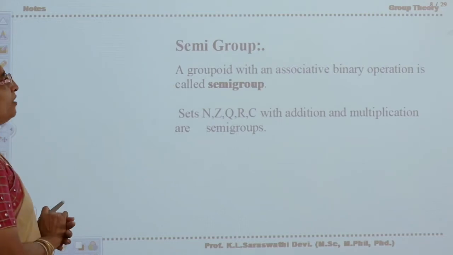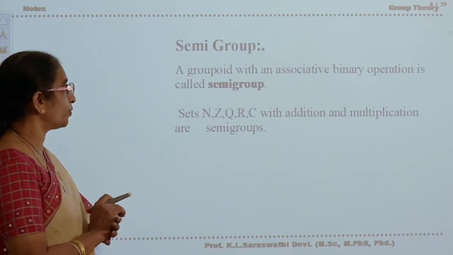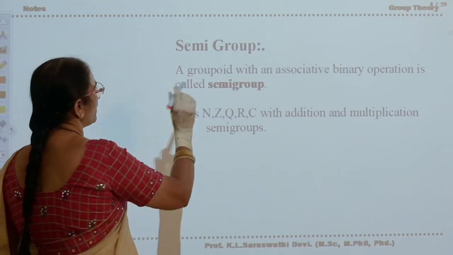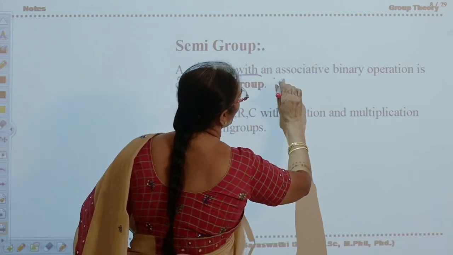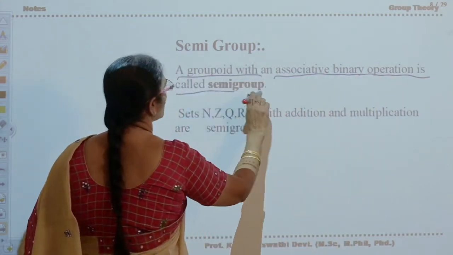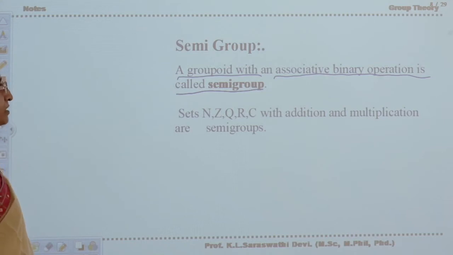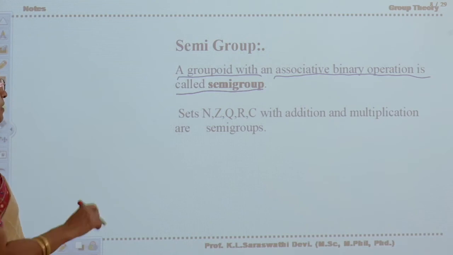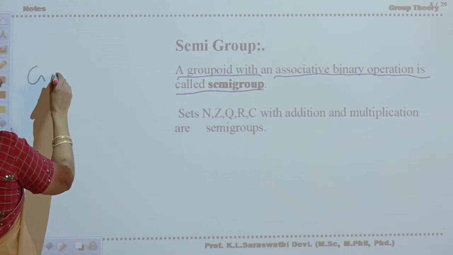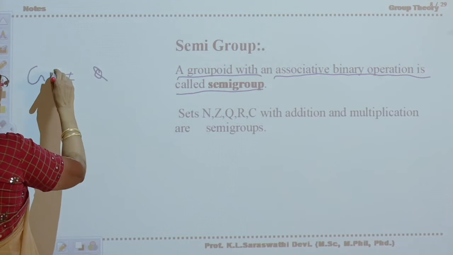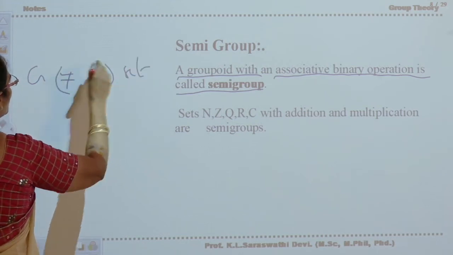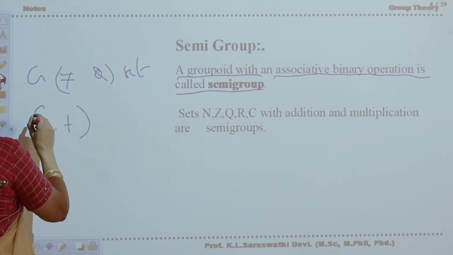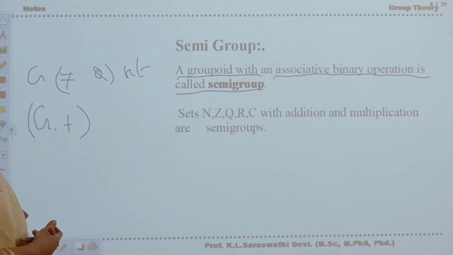Now see, after groupoid, semigroup. What do you mean by a semigroup? A semigroup is nothing but a groupoid with an associative binary operation. What do you mean by associative binary operation? Suppose G is a non-empty set. When will you say that G is a groupoid? If it is equipped with a binary operator, then you will say that it is a groupoid.